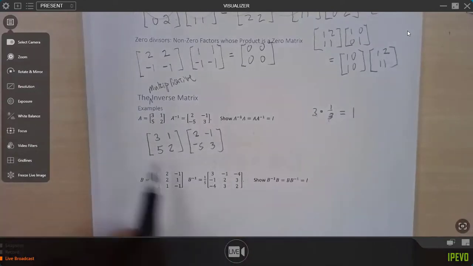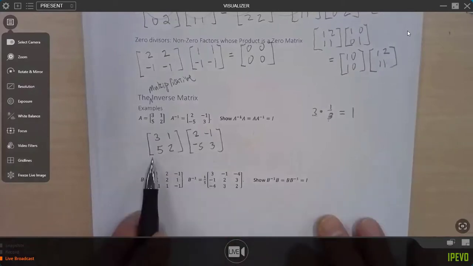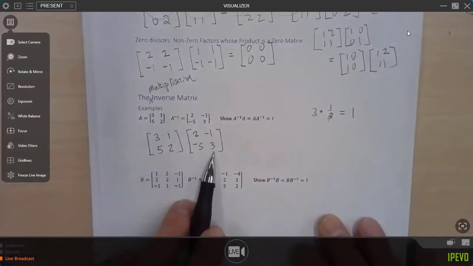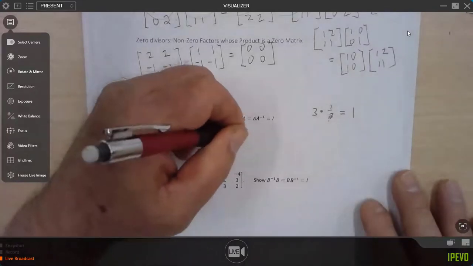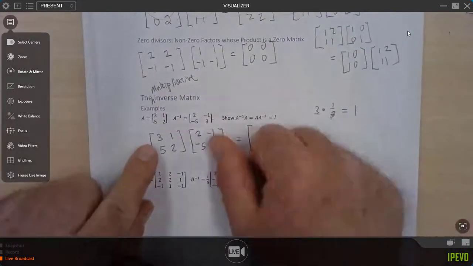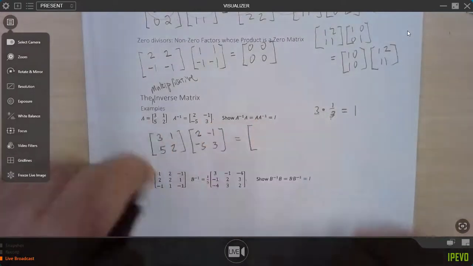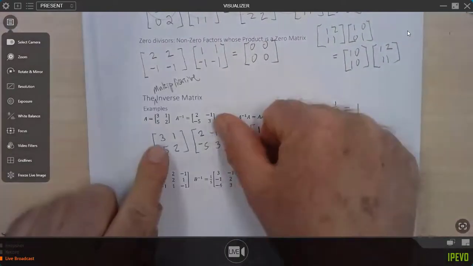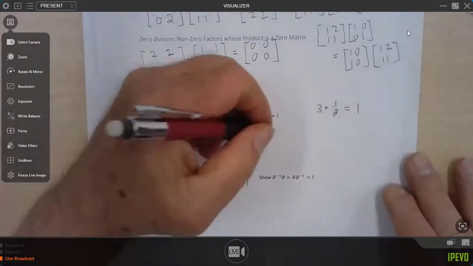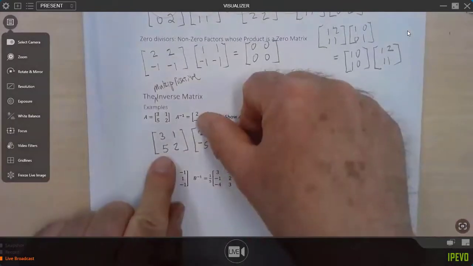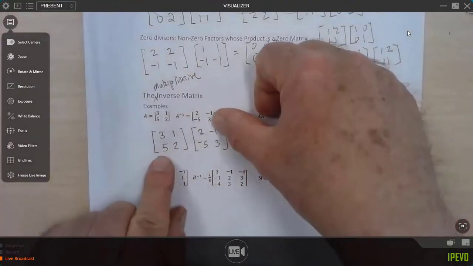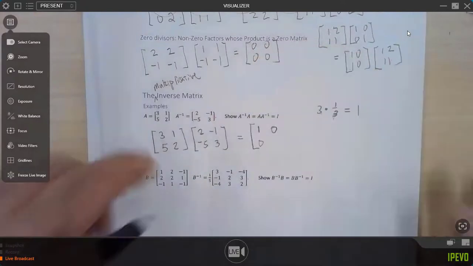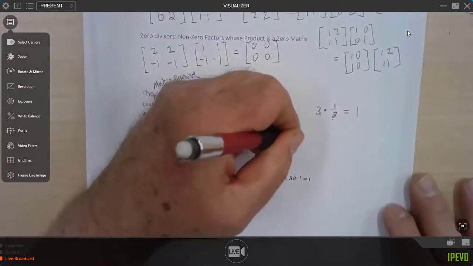So is it the case that, given a matrix, you can multiply it by something that will get to the multiplicative identity, in other words, the I_n for the appropriate n? And the answer is, in this case, you can, if I've done it right. Let's see, we got 6 minus 5 is 1. So far, so good. Minus 3 plus 3 is 0, looking hopeful. 10 minus 10 is 0. And minus 5 plus 6 is 1. Woohoo! This is I2.